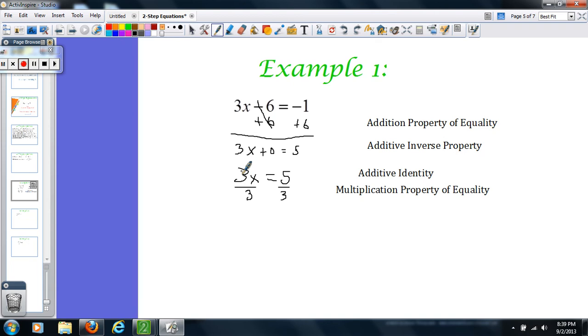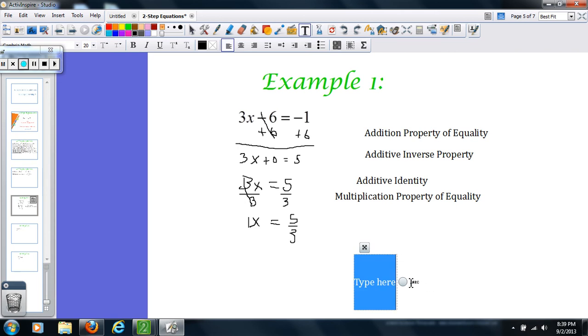Then from here, we know that 3 divided by 3 is 1. This gives me 1x equals 5 thirds, and that is thanks to the multiplicative inverse property.